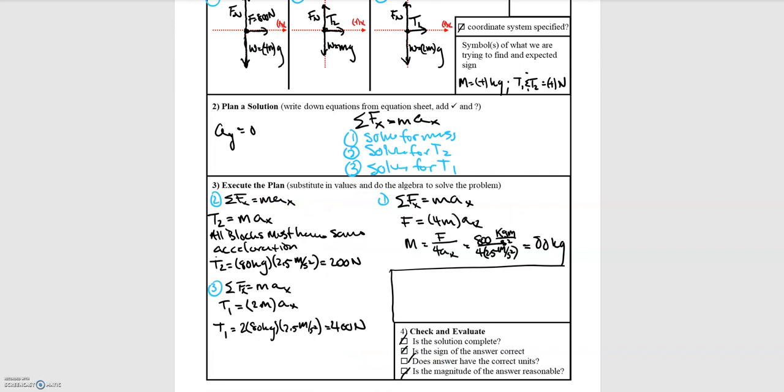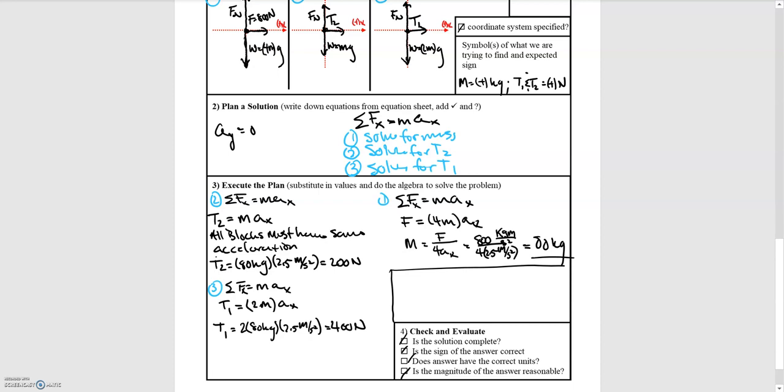So starting with the first free body diagram, we have the sum of the forces in the x direction. We have an external force being applied, which is F. The system is comprised of the 3 blocks, which is a total of 4m for mass. And we know the acceleration is 2.5 meters per second squared. So solving for m, we get a solution of 80 kilograms for m.